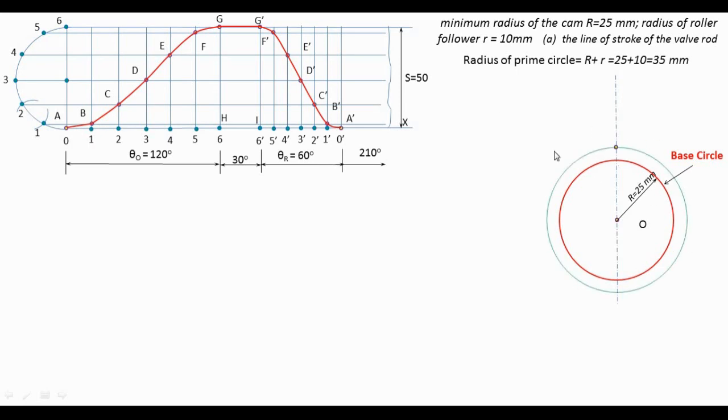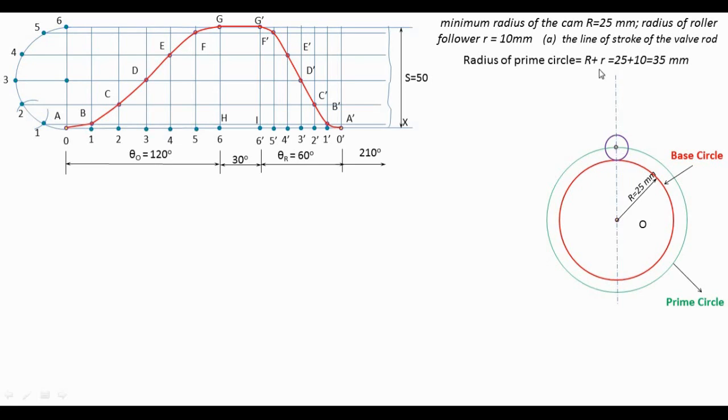Before that let us draw the prime circle. The prime circle is having a radius of 35 mm. So obviously, this is the radius of 10 mm, and this is 25 plus 10, means 35 mm. This is the prime circle of radius 35 mm. Next let us draw the roller of radius 10 mm from this center. So I have drawn the roller of 10 mm.